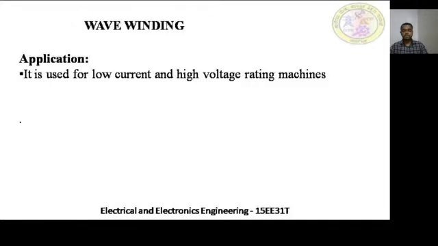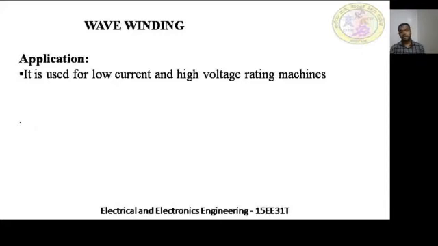Next, the application. Wave winding is used for low current and high voltage rating machines. These are applications where we need high voltage with a very low current rating. For such generators we go for wave winding. One best example is the Megger we use in our laboratory, the hand-driven Meggers.